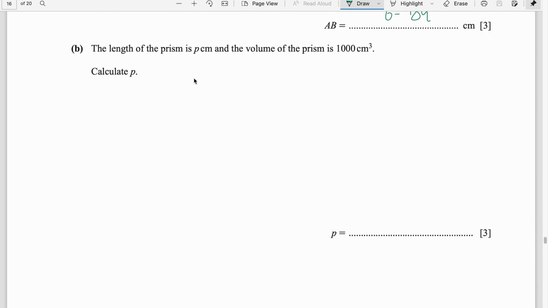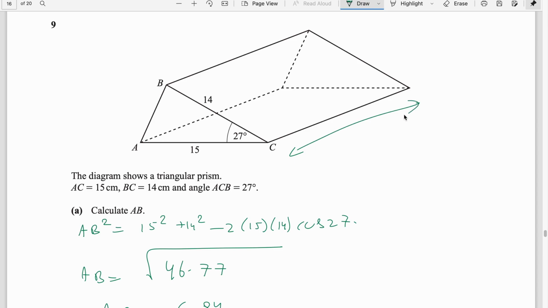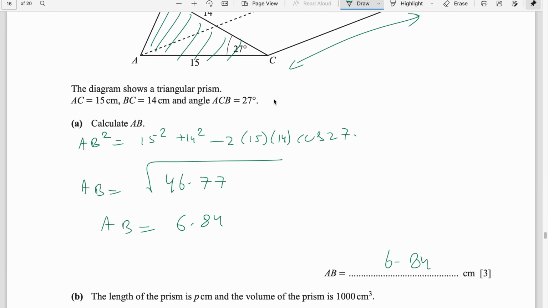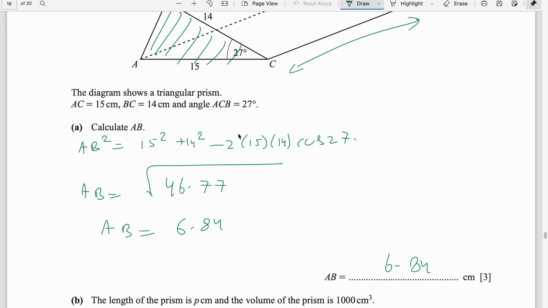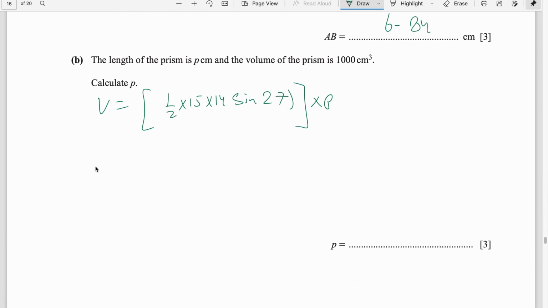The length of prism is P centimeters and the volume is 1000 cm cube. Calculate P. So this length, volume is basically cross-sectional area into length. So cross-sectional area for this triangle is going to be 1 by 2 AB sine C. So volume equals cross-sectional area, 1 by 2 side 1 side 2 sine of inclusive angle, times height. Volume is 1000.